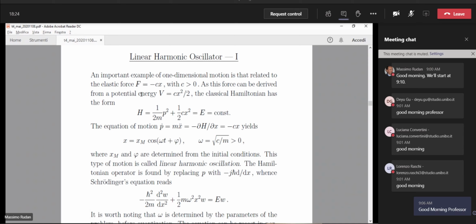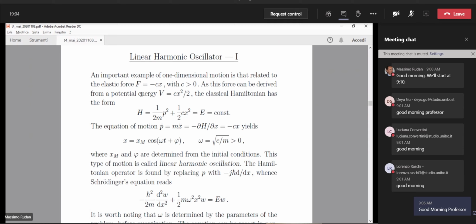So when the particle is displaced to the right of the origin, the force pulls the particle to the left, back to the origin, because x is positive, and when the particle is on the left of the origin, the force is positive and pulls the particle again towards the origin. So, in conclusion, the particle keeps oscillating from left to right.